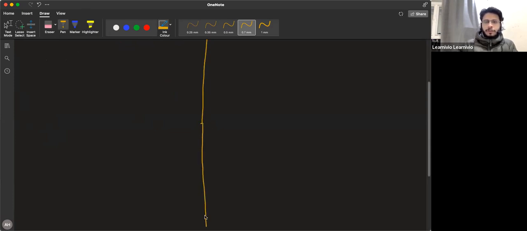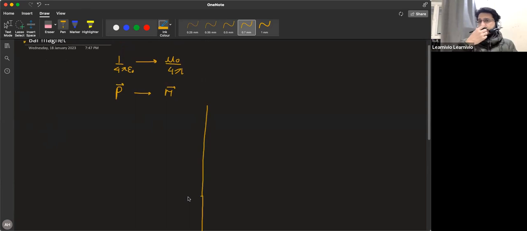So let's make a table. On the left hand side, we will write terms which we did in electrostatics, and on the right hand side, we will write terms for a bar magnet. Some authors call this branch magnetostatics also.